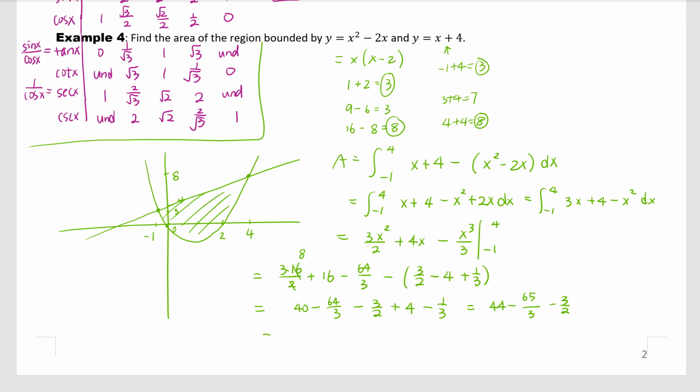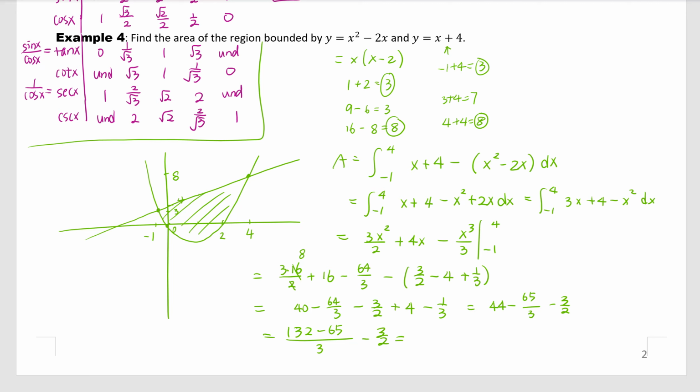Okay. The common denominator. So let me combine the first two guys together first. So that's 3 times 44, 132, right? Minus 65, and then don't forget the minus 3/2.